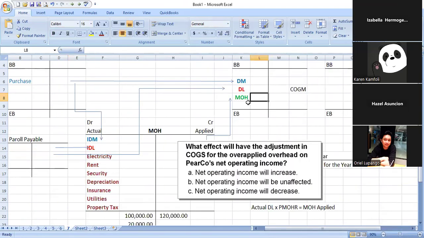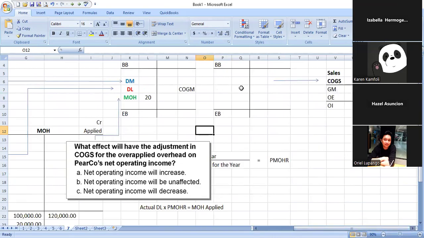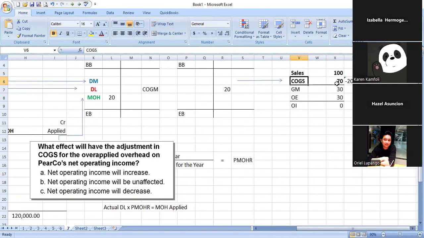So manufacturing overhead here is plus 20 more. Means our product is overcosted. Cost of goods manufactured and cost of goods sold are plus 20. So where is my cost of goods sold here? Overstated or understated? Overstated by 20. Make sense?